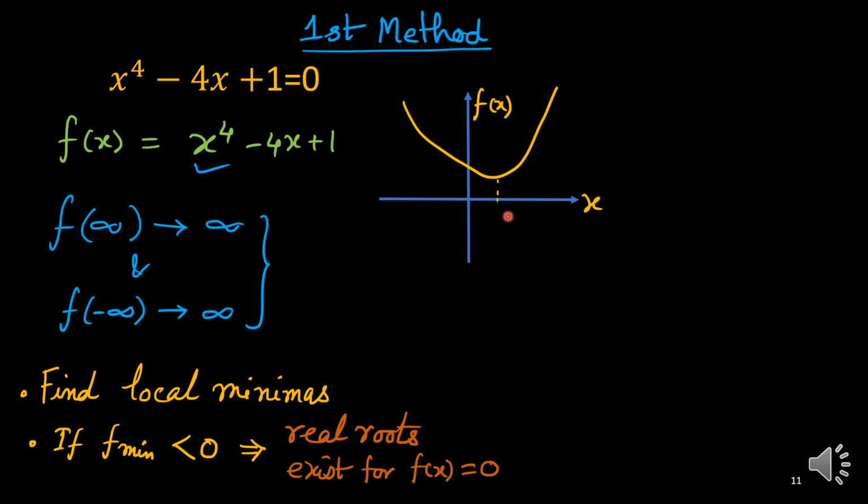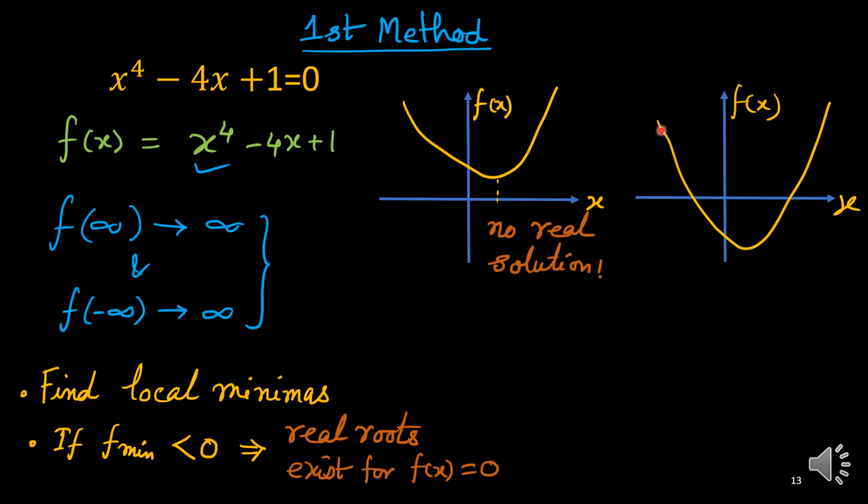So the solutions will be complex conjugates, so there are no real solutions. But if its minimum value is negative, obviously it will cross here and here, and we get two distinct real solutions.